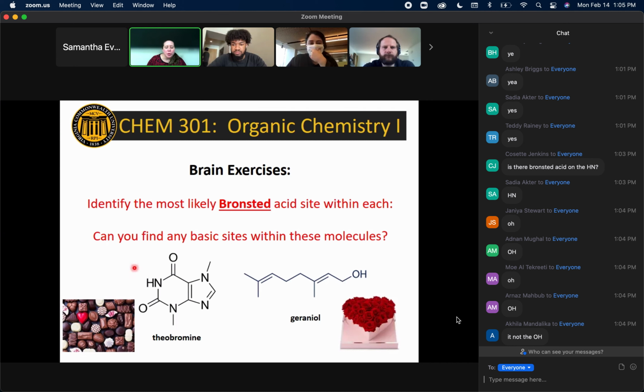Now, what about on theobromine? We already have one lone pair on nitrogen, so when we remove this proton, we'll get a second lone pair on nitrogen and a negative charge. Why is that stabilized? Well, there are a couple of reasons. One, nitrogen is electronegative. It's not as electronegative as oxygen, but it's fairly electronegative.